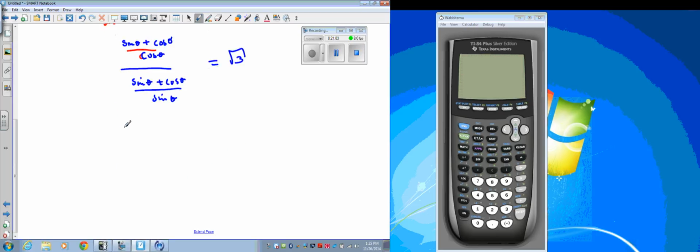And if I invert and multiply, then this is sine theta cosine theta.